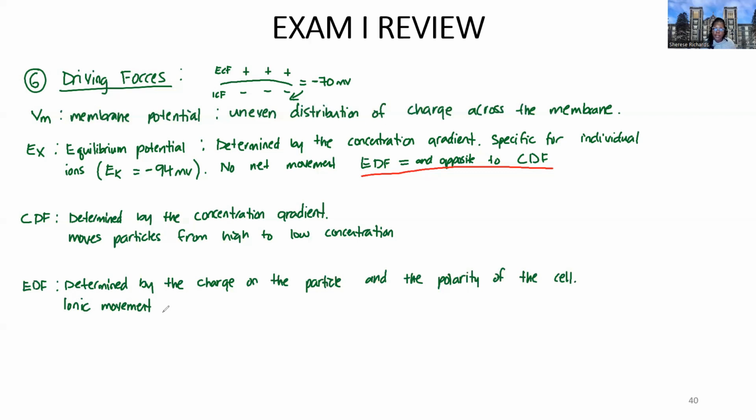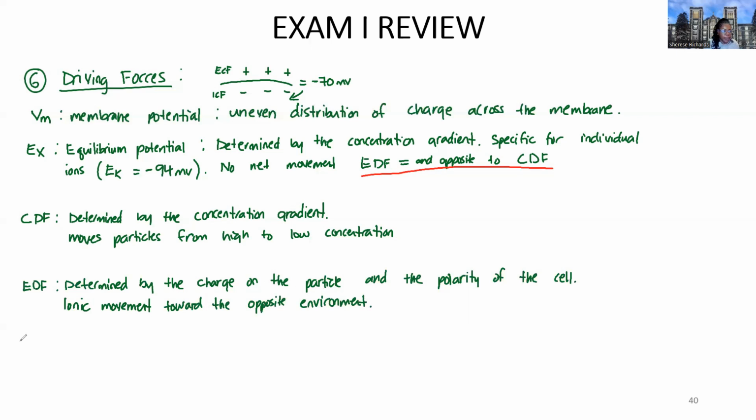This is why the polarity of the cell matters and the charge on the particle matters, because positive charged particles will want to move into a negative area of the cell. Negatively charged particles will want to move in a positive area of the cell. So ionic movement toward the opposite environment.